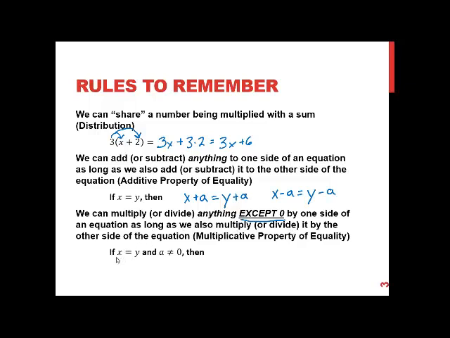So if we have x equals y, as long as we have some number that's not 0, we can multiply both sides by that number. Or we can divide both sides by that number. And again, like addition, multiplication and division are really the same operation, just going in opposite directions.